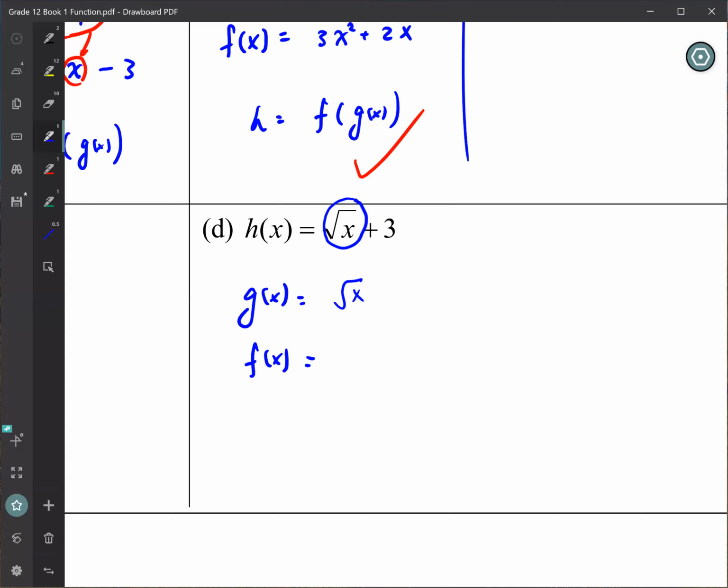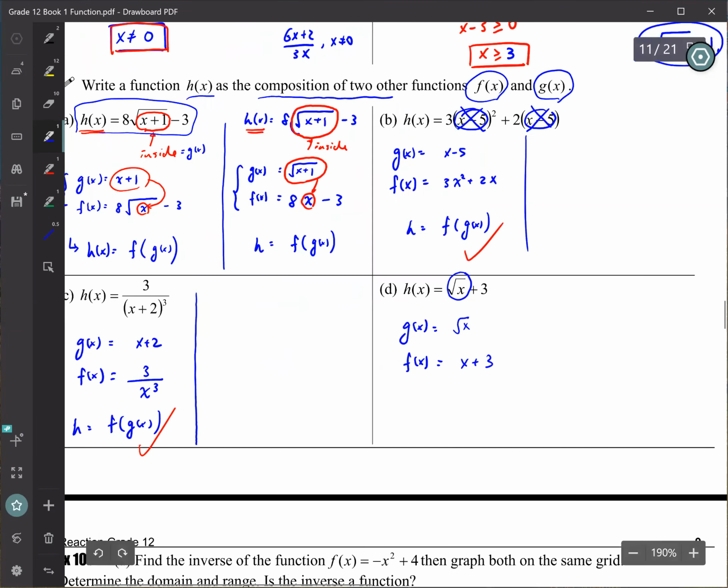Then what will be the outside function, Vicky? x plus 3. Yeah, so this way it actually shows you have a function sub into the other function, okay? So you can choose different ones, okay? There's usually more than one way, right? But every single question, the inside function is x if you don't do anything, right?